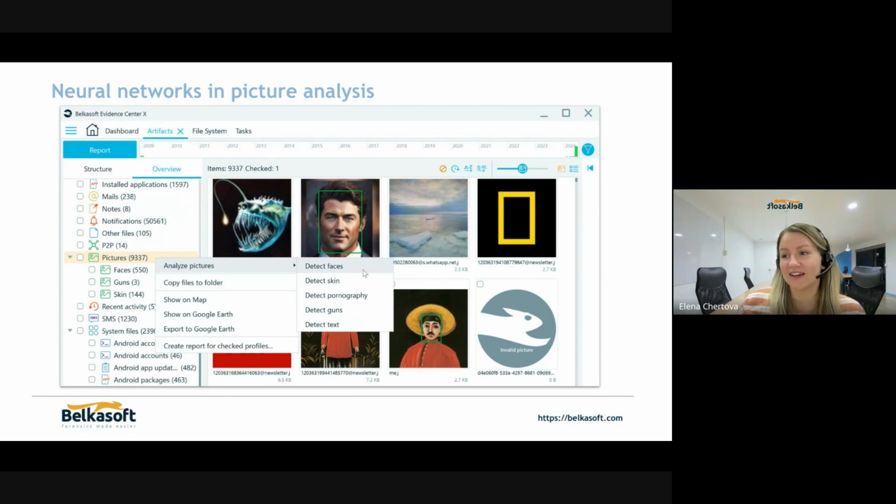Yeah, of course, and actually to speed up the work, because you can see, like in this example, there are 9,000 pictures plus in this data source, and after all, it helps to identify the things to look at first. My experience is not that big, and I've only dealt with the Belkasoft tool that does have some functionality in picture recognition and categorization.